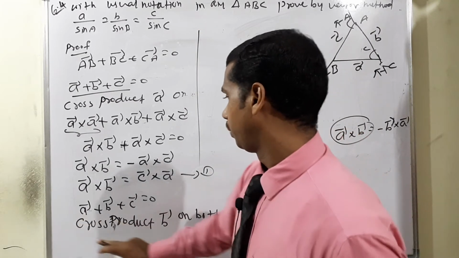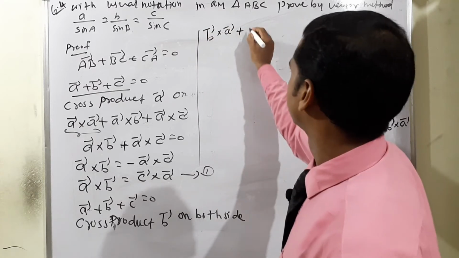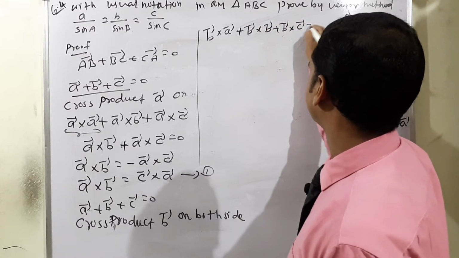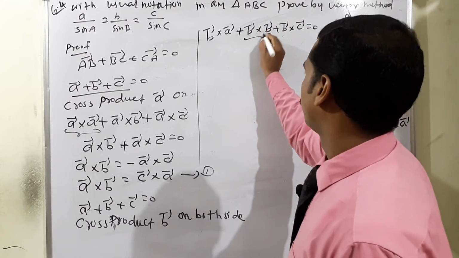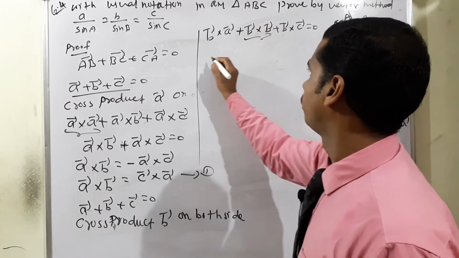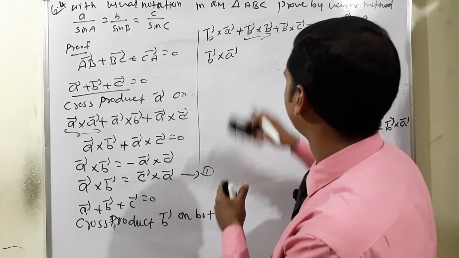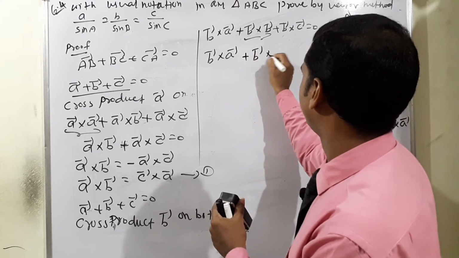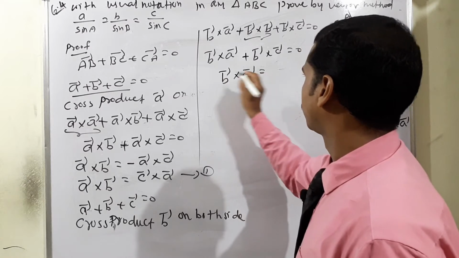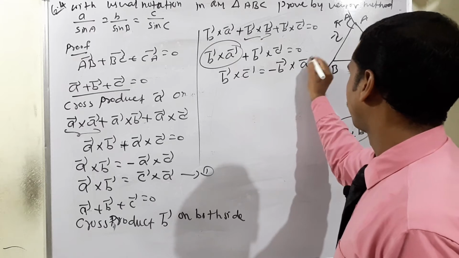Look at there: b vector cross a vector plus b vector cross b vector plus b vector cross c vector is equal to 0. Already we know like vectors in cross product give value 0, so we neglect the second term. Again, b vector cross a vector plus b vector cross c vector is equal to 0, which means b vector cross c vector is equal to, bringing the first term to the opposite side, minus b vector cross a vector.